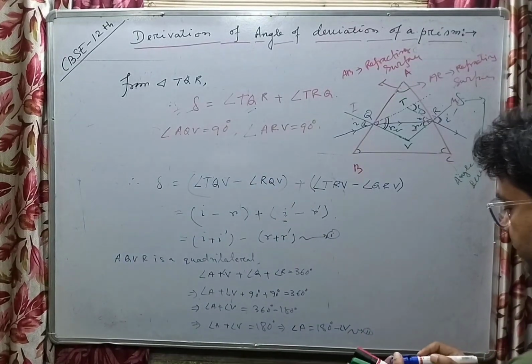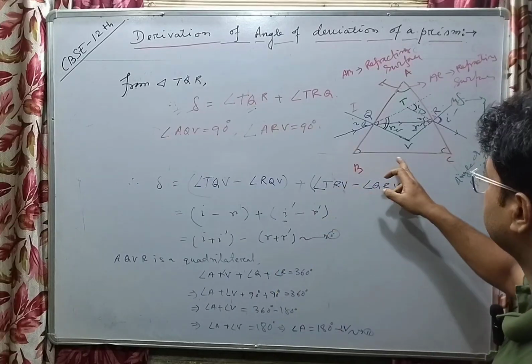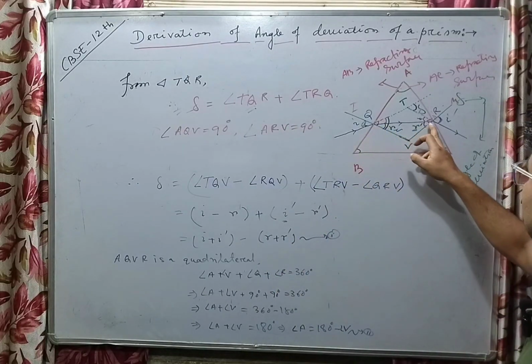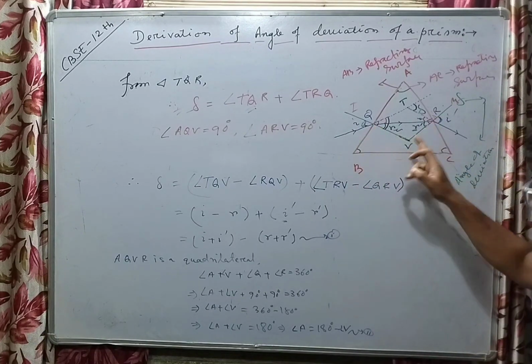Another, I have to find out the value of r plus r dash. r plus r dash will be obtained from triangle QRV.